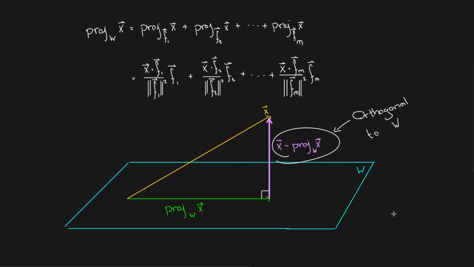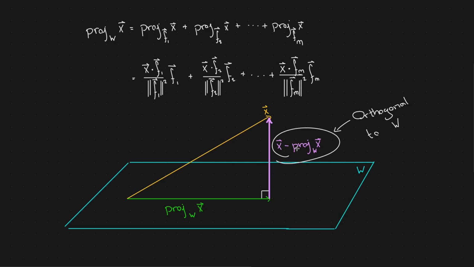In this section, we've seen how an orthogonal basis is a really useful basis to have. Now we are going to learn how we could take a general basis, not necessarily orthogonal, to a subspace and convert it into an orthogonal basis.